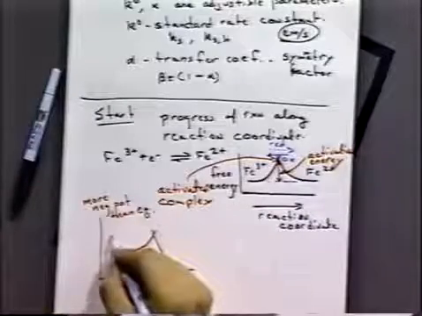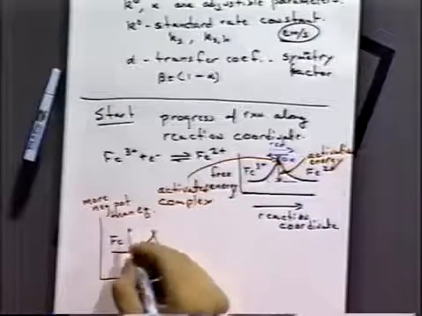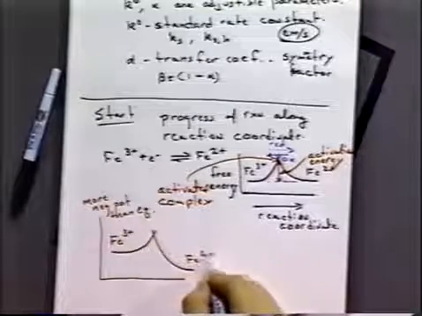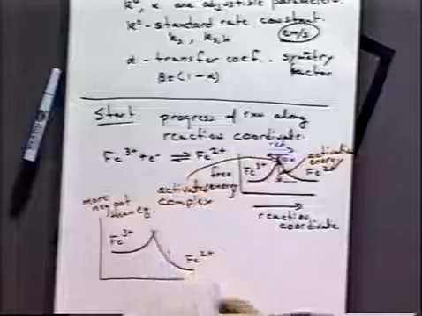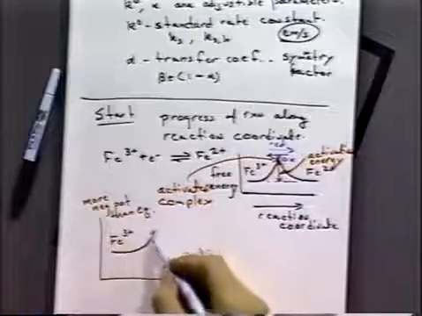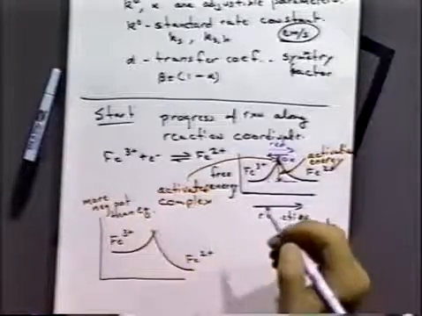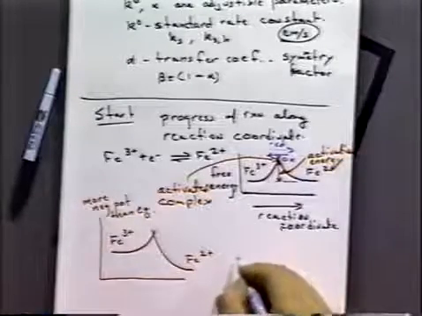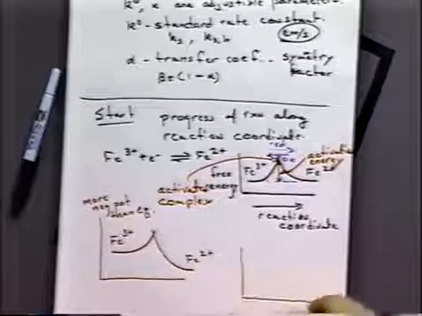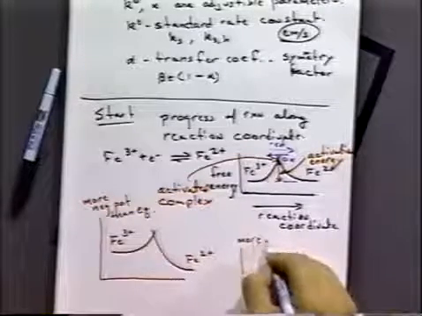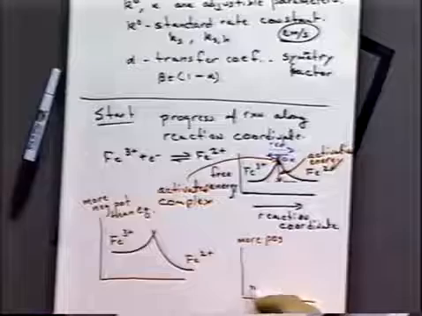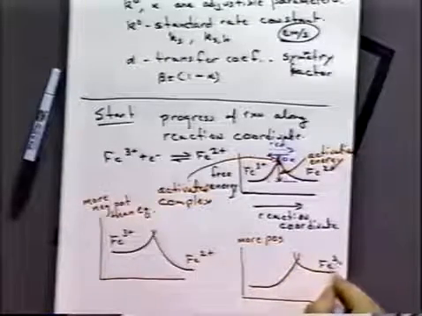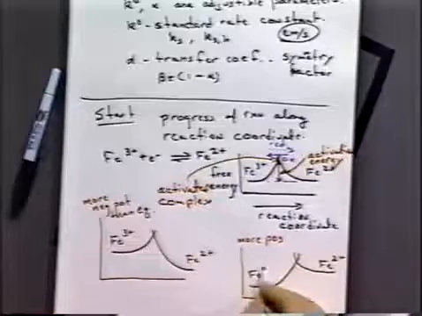And now it's much more likely that we're going to be ending up with iron 2 plus than iron 3 plus. So the net flow, as soon as we have enough energy to get over that barrier, is going to be to iron 2. So it's easier to go to iron 2 than back to iron 3. On the other hand, if we have a more positive potential, the opposite will occur. And it's easier to make iron 3 plus than iron 2 plus.